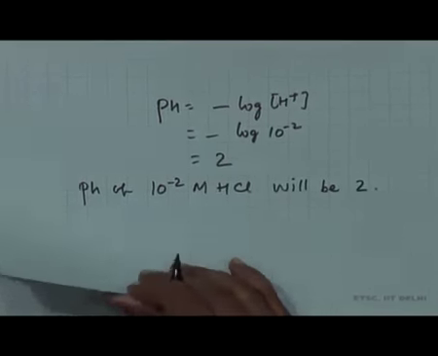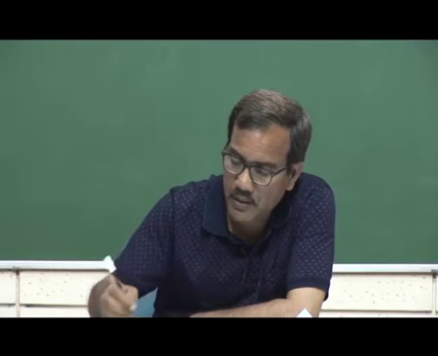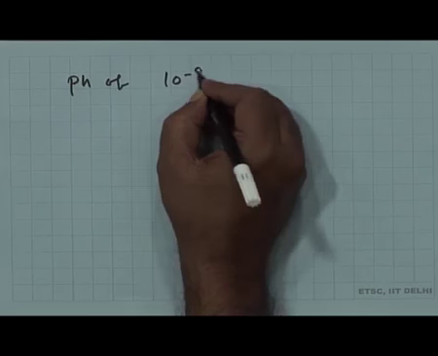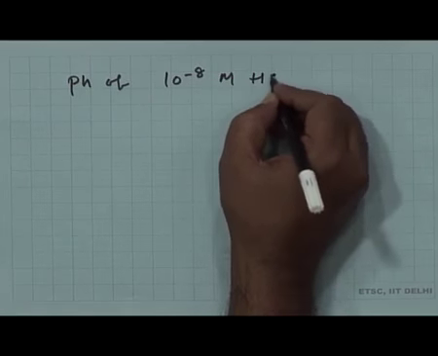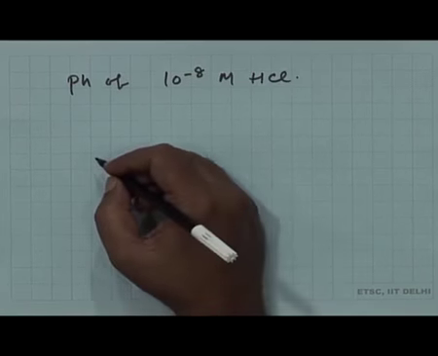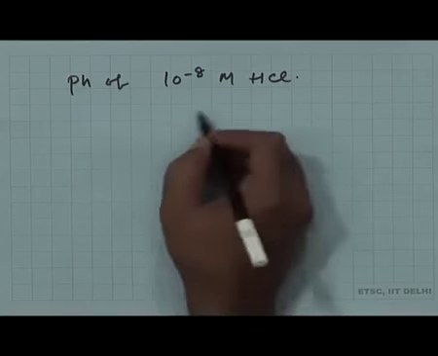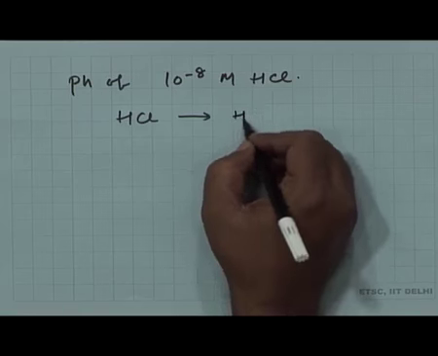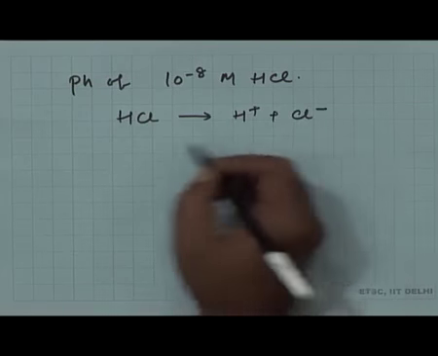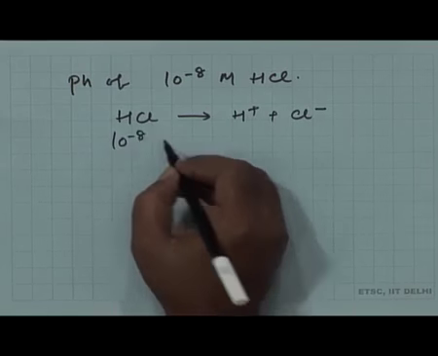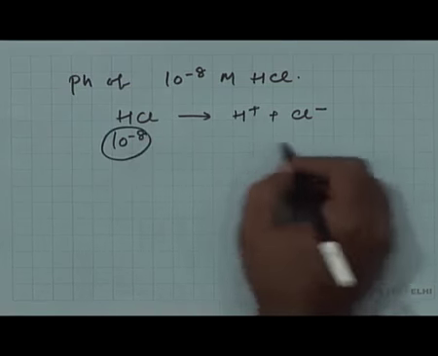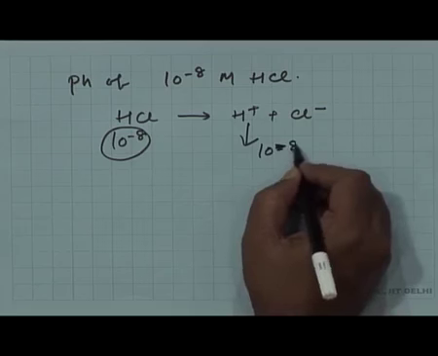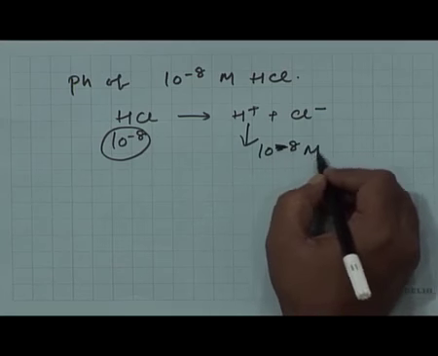But now, let us take another example, the pH of 10 to the power minus 8 molar HCl. In this case, what will happen? Again HCl will completely dissociate, and so if you have started with 10 to the power minus 8 molar, you will get 10 to the power minus 8 molar H+.